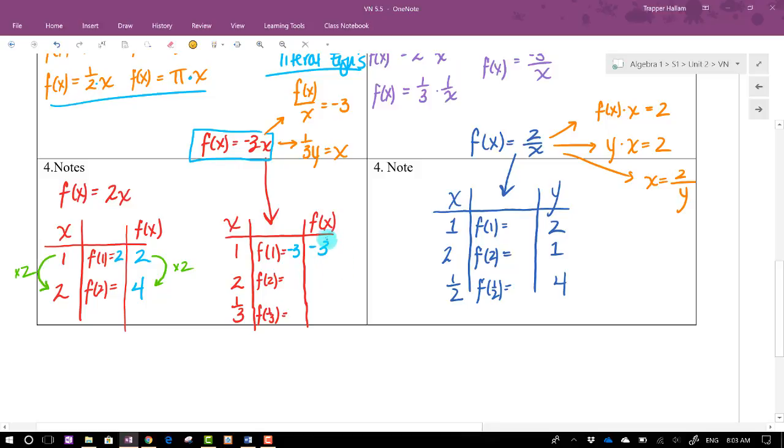So we can already expect what's going to happen. Let's plug it in and find out. F of 2 going in here, we get negative 3 times 2, which is negative 6. It did double. Negative 3 to negative 6 did double, just like it did for the other direct variation. Doubling our input doubled our output.